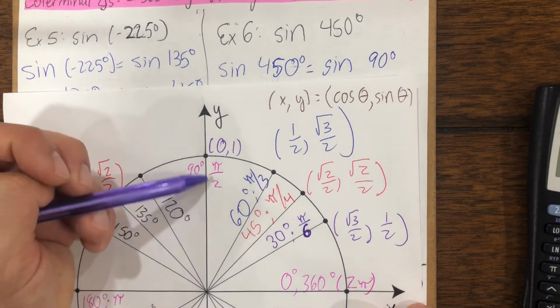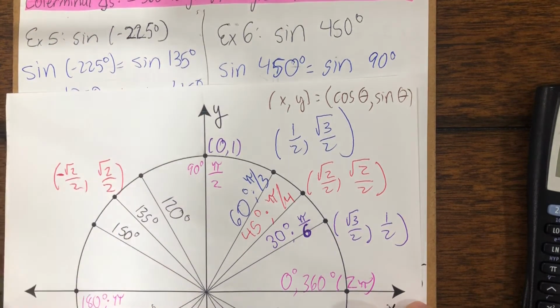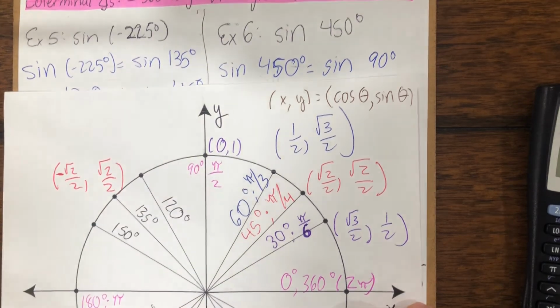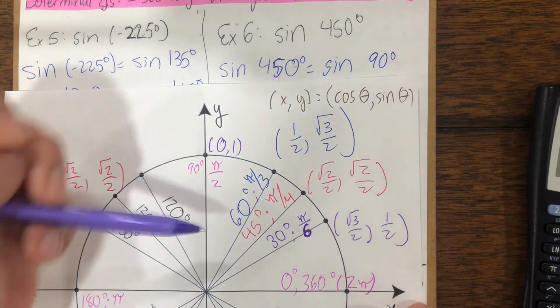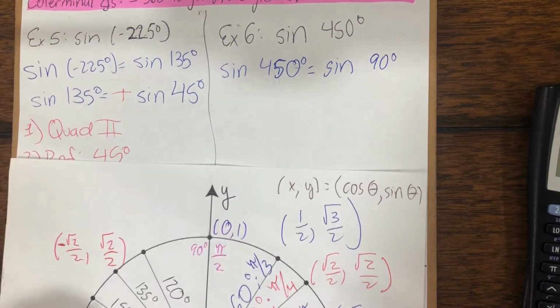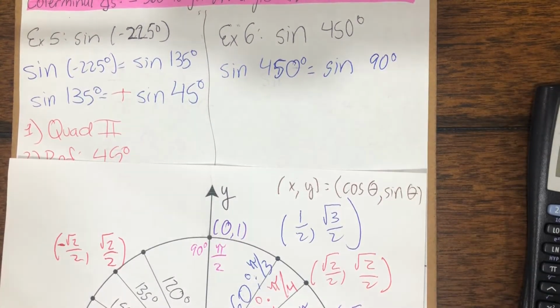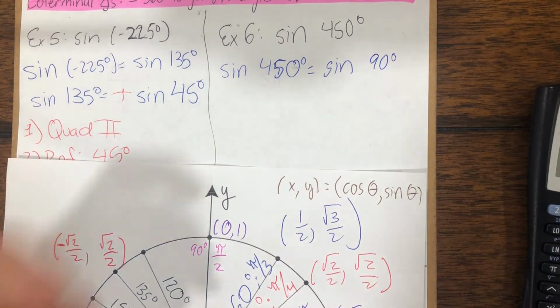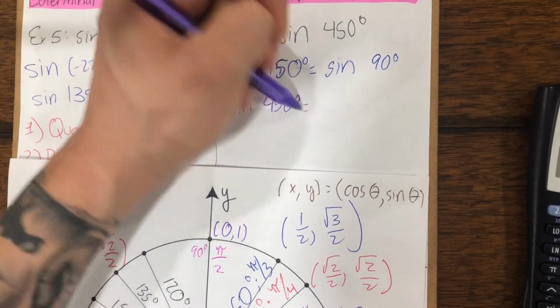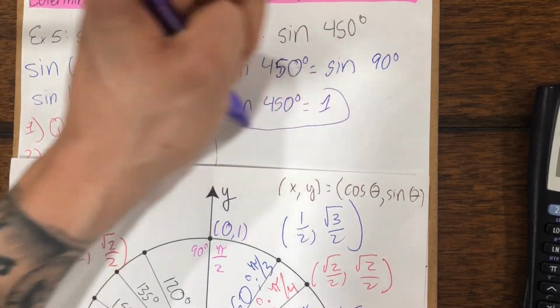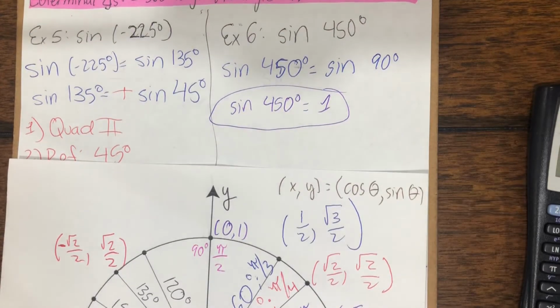So that is a vertical direction and it's a positive direction. So we have 0, 1. So sine of 90 is my y value for 90 degrees, which is 1. So sine of 90, which is also sine of 450, is 1. So sine of 450 degrees equals 1. And that's my final answer.